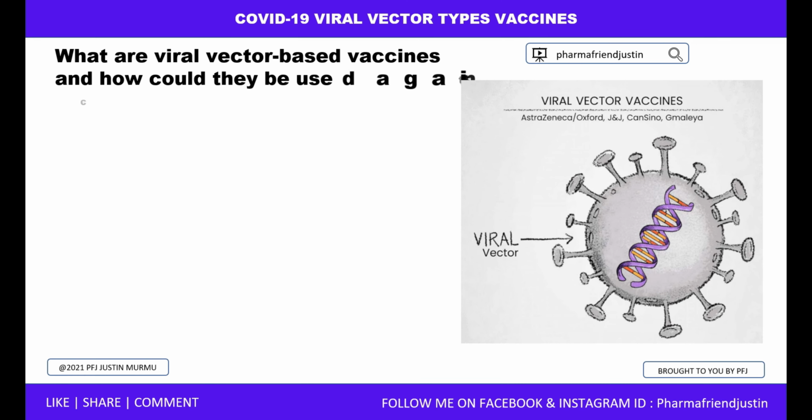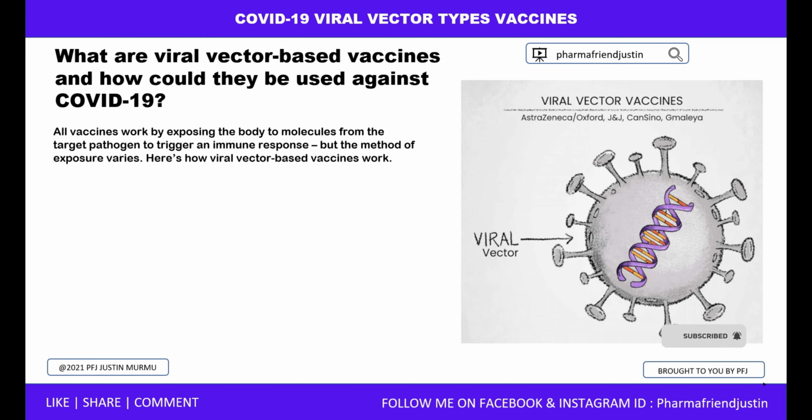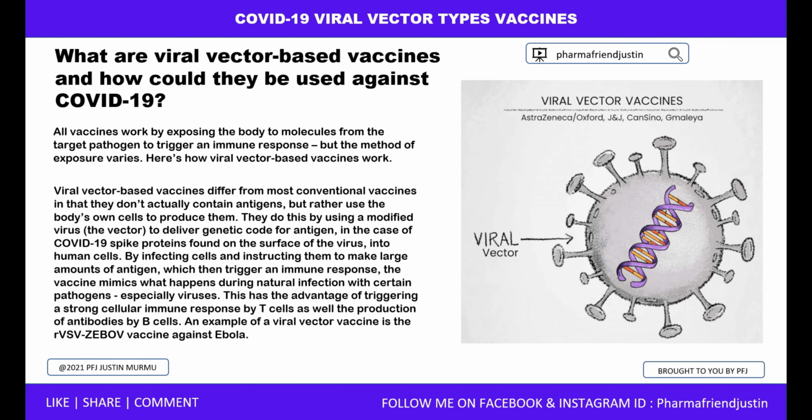What are viral vector based vaccines and how would they be used against COVID-19? All vaccines work by exposing the body to molecules from the target pathogen to trigger an immune response, but the method of exposure varies. Here is how viral vector based vaccines work. Viral vector based vaccines differ from the most conventional vaccines in that they don't actually contain antigen, but rather use the body's own cells to produce them.